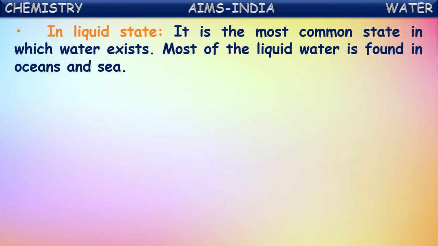The liquid form of water is the most common state in which water exists. Most of the liquid water is found in the oceans and seas. Of course, some quantity is present in rivers, lakes, and ponds, but most of the water is found in the oceans and seas.